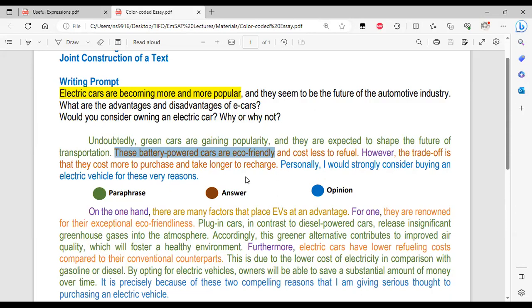So if they do not harm the environment, the health of people will improve. Now this will improve the health of many people and you can prevent many diseases.